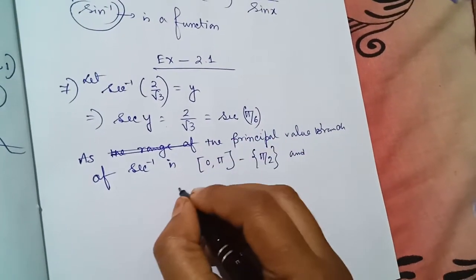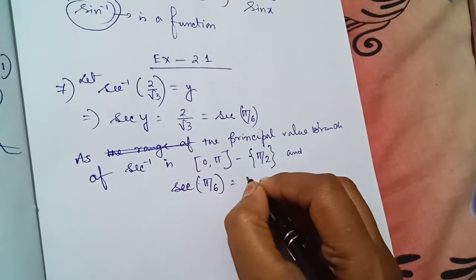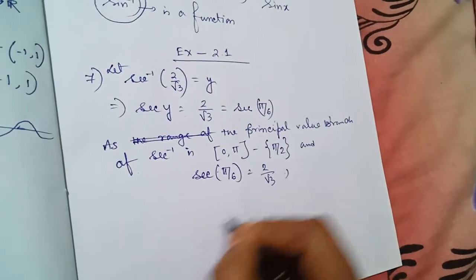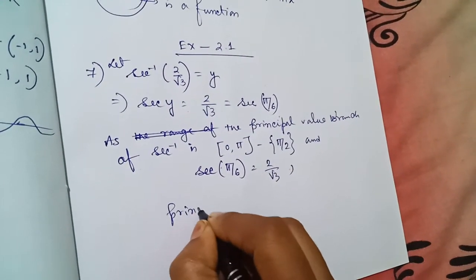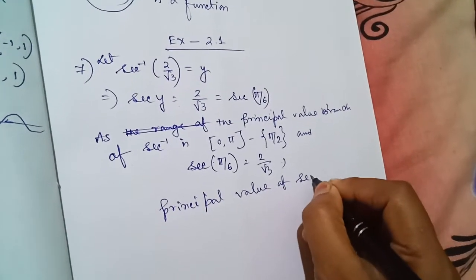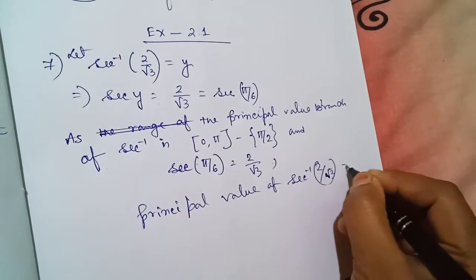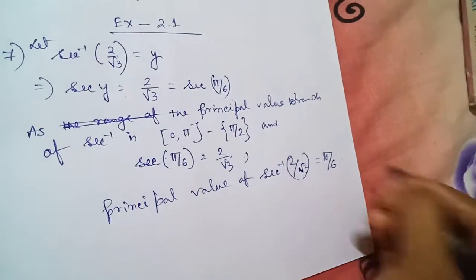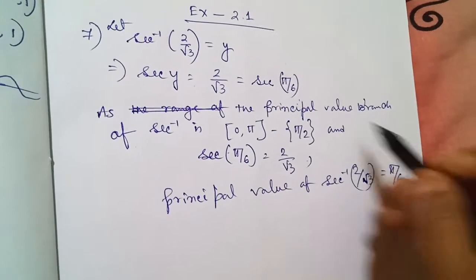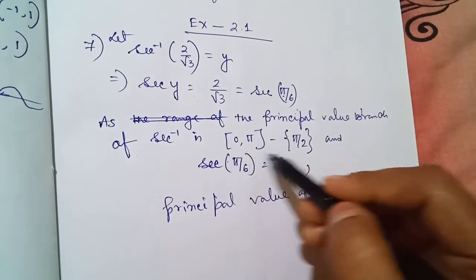And we have got sec pi by 6 equals 2 by root 3. Therefore, the principal value of sec inverse 2 by root 3 is equal to pi by 6. Anyhow, we have to find this angle, which must lie in this range.